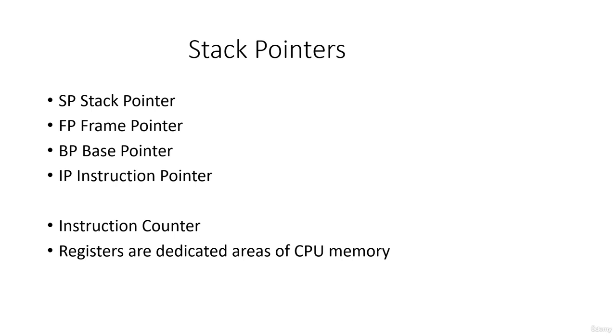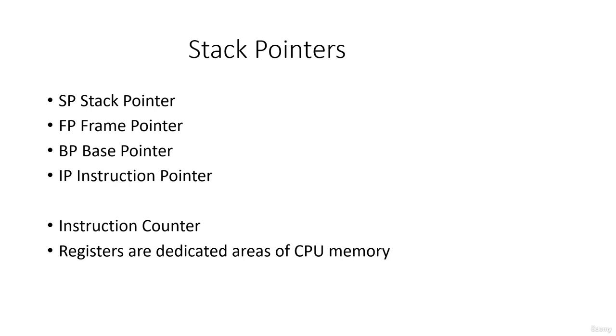This pointer makes it easy to find the information associated with the function. In some CPU architectures, this pointer is referred to as a base pointer. Different names, same purpose.